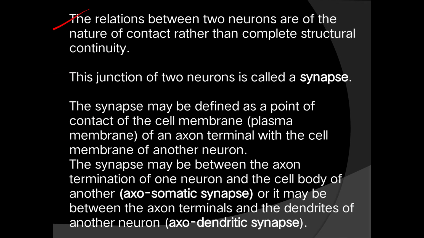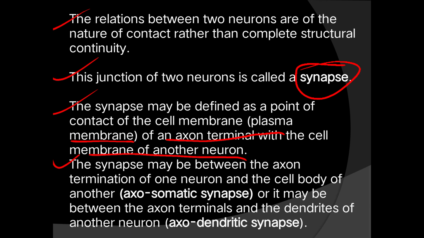The relation between the two neurons is one of contact rather than complete structural continuity, and this junction of two neurons is called a synapse. The synapse may be defined as a point of contact of the plasma membrane of an axon terminal with the membrane of another neuron. This is called the synapse.